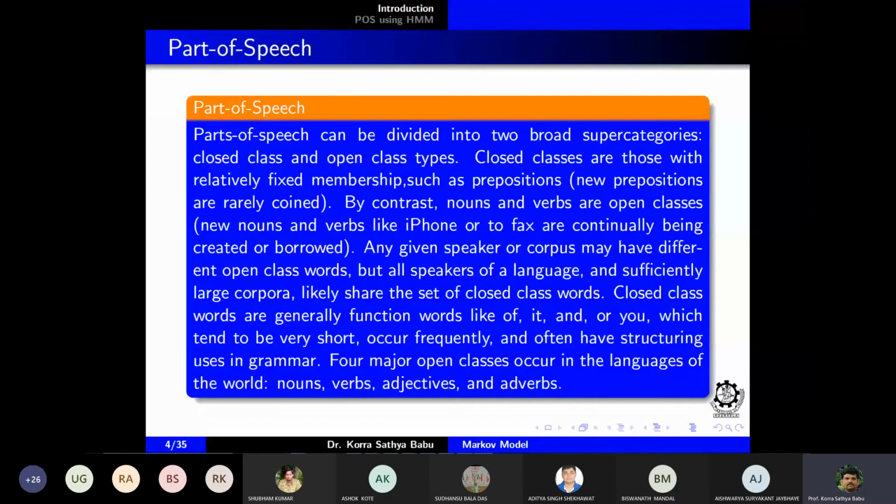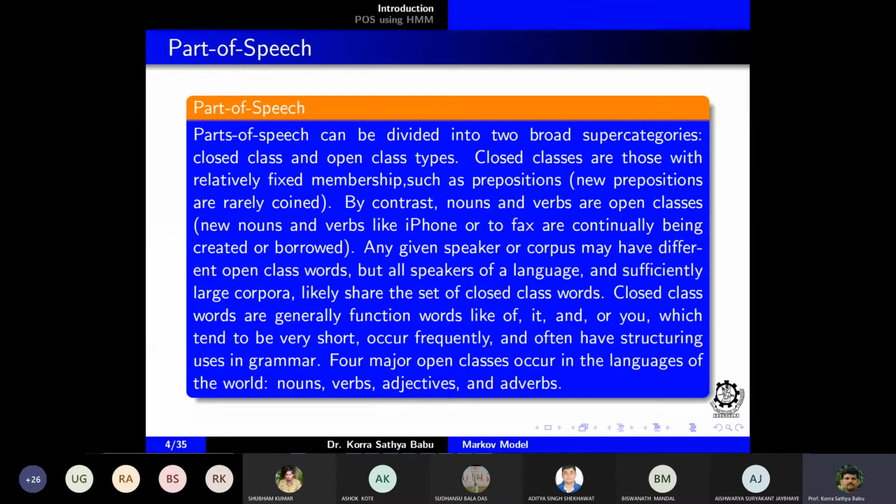Closed class words are generally function words, like of, it, and, or, you, which tend to be very short, occur frequently, and often have a structuring use in the grammar. They are basically used for structuring, right?